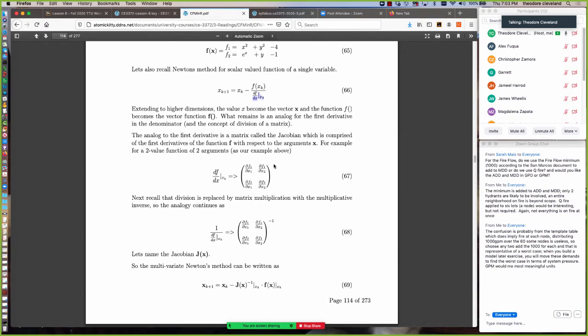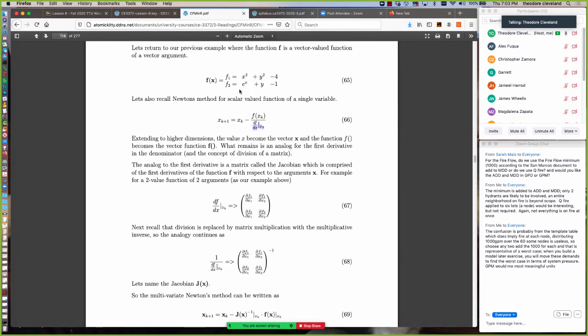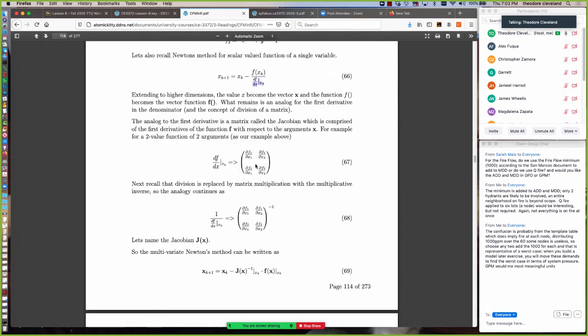So the Jacobian for this equation up here, for equation 65, would be the matrix that's comprised of the partial of f1 with respect to x1 in this corner of the matrix, the partial of f1 with respect to x2 in that position of the matrix, the partial of f2 with respect to x1 in this position, the partial of f2 with respect to x2 in the lower right position. And this scales in both directions as the number of functions and the number of independent variables increase.